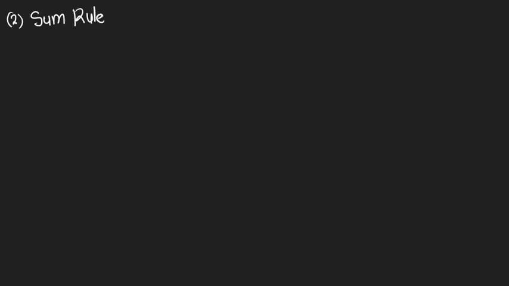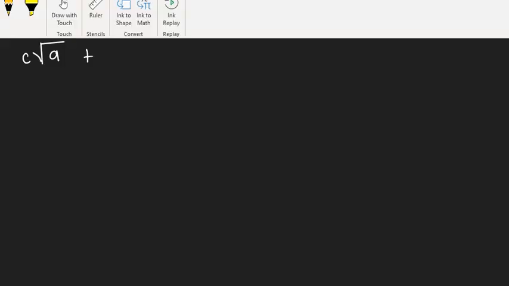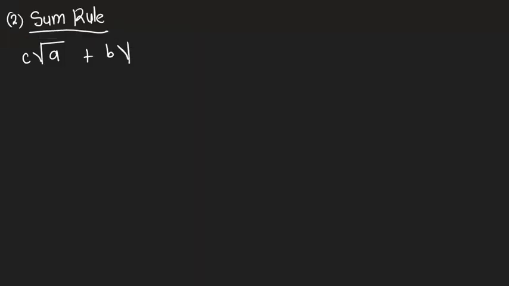Sum rule implies you are adding the figures. Now, if you've got, for example, C root A plus, let's say you've got D root A.